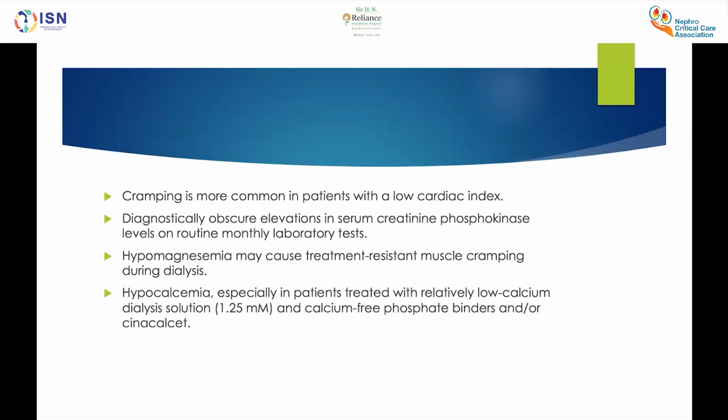Diagnostically obscure elevations in serum CPK levels on routine monthly lab tests is what we'd found out. Hypomagnesemia can cause treatment-resistant muscle cramping during dialysis. Hypocalcemia, especially in patients treated with relatively low calcium dialysis solution and calcium-free phosphate binders or cinacalcet.